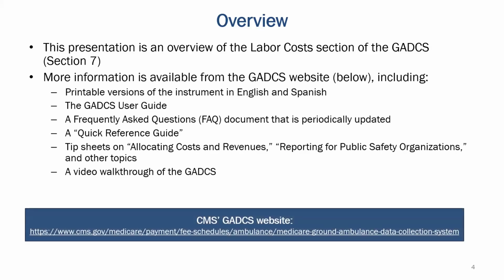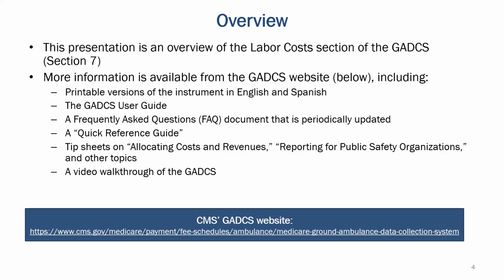I want to point everyone to resources covering not just Section 7, but all of the GADCS. All of these resources are available from CMS's GADCS website. The URL is below.